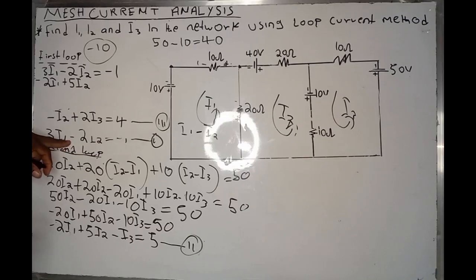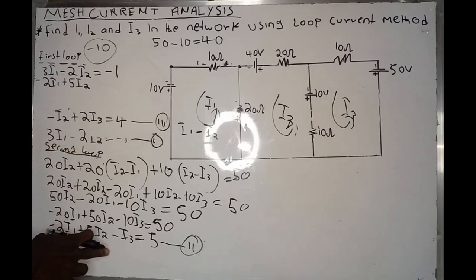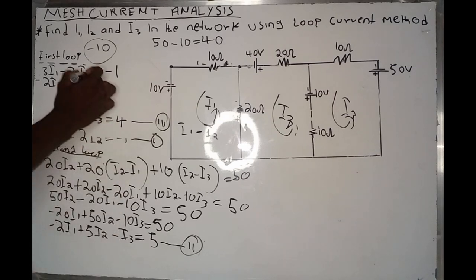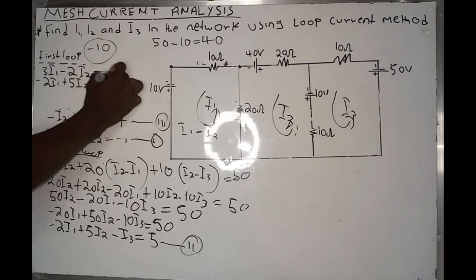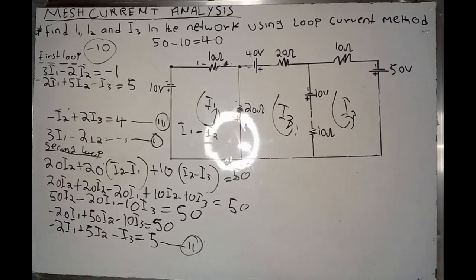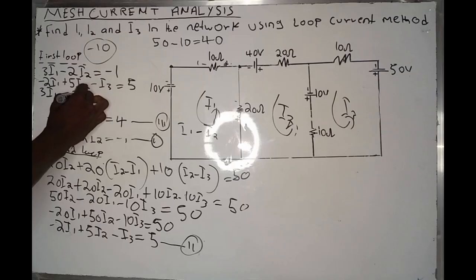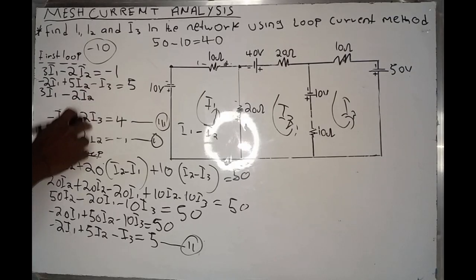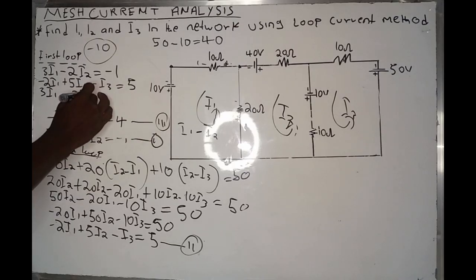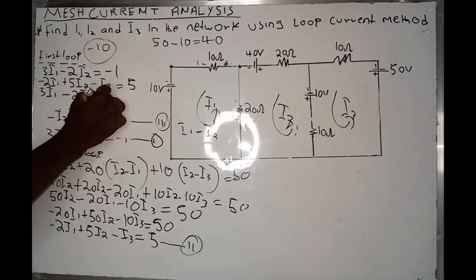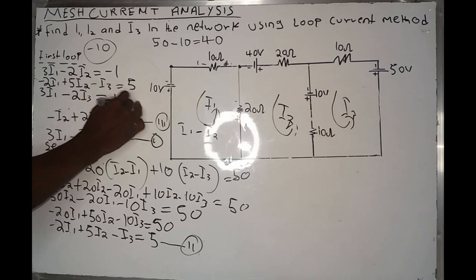Equation 1 has only I1 and I2, but equation 2 has I1, I2, and I3. Here we have a negative sign. For equation 3 we have 3I1 minus 2I2, I3, which is equal to 4.